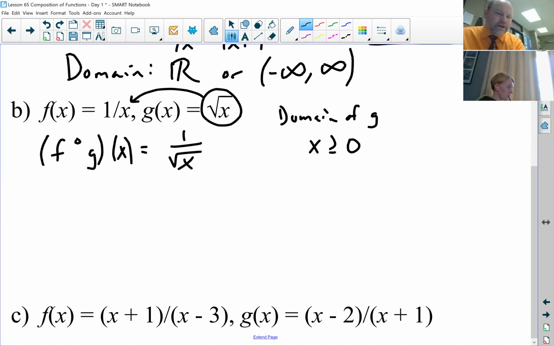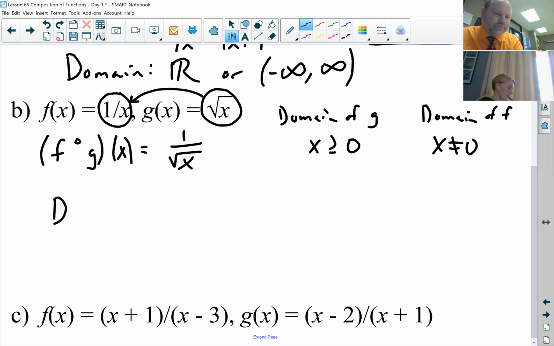And if we look at F, we can't have 0 plugged in to F. So our domain is all X such that, and we're just going to combine these two things.